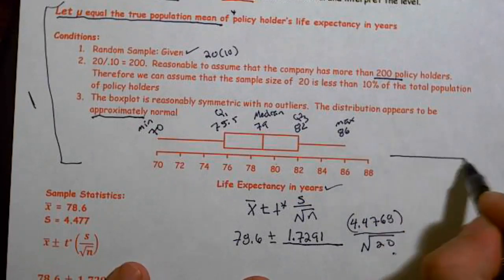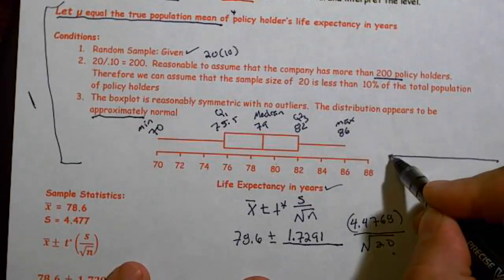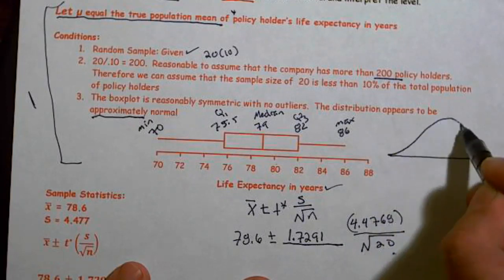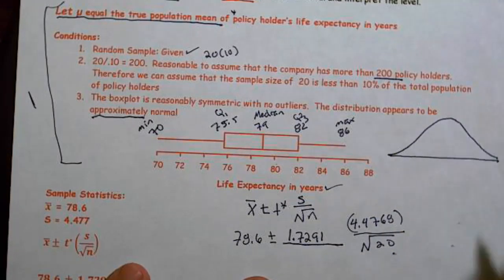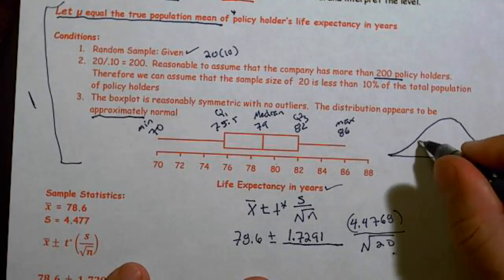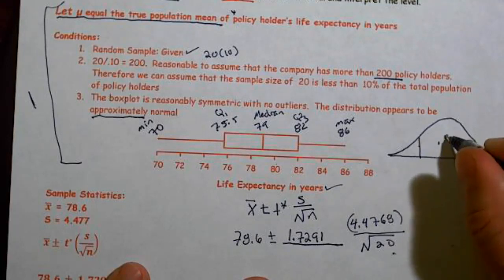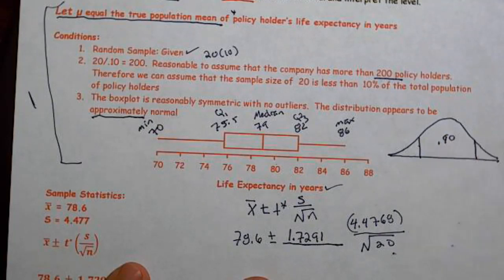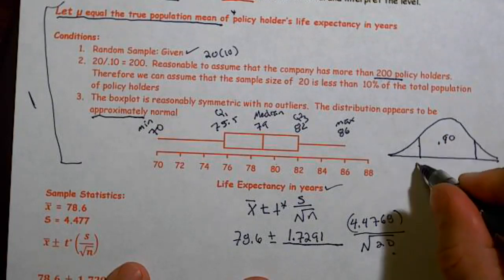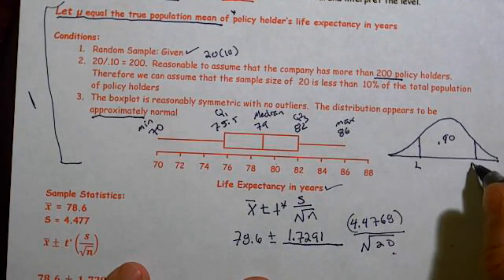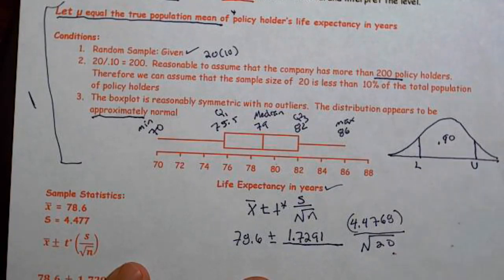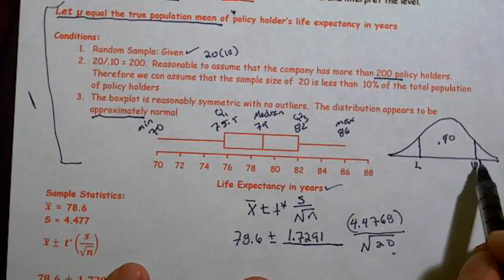And I just want to draw this out, although it's not required. This might help people with some understanding. All right, so we're doing a 90% confidence interval. And so what we're saying is we're 90% sure, or 90% confident, that our interval will capture the true population mean, that it's going to lie somewhere between this lower value and this upper value.